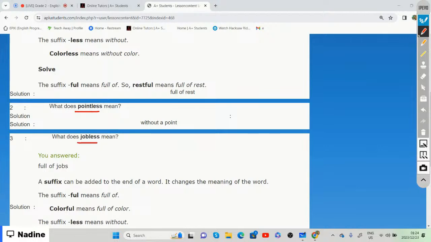Jobless. What does jobless mean? If someone is jobless, we can say they are without a job.